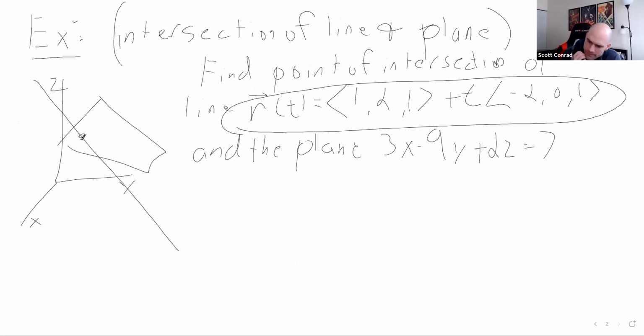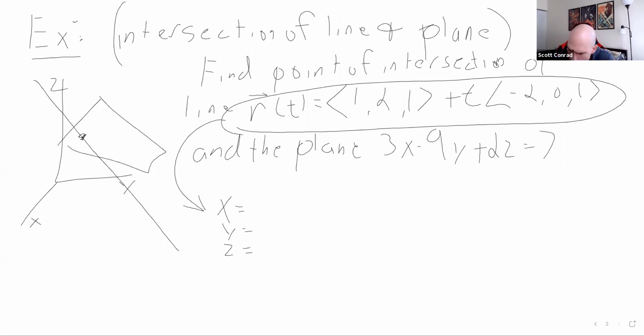So the way we're going to do that is the following. This is the vector equation for the line, but when we put it in the scalar parametric form, this means the line consists of the points x, y, z, for which x is equal to, so we look at the first component of the vectors here.